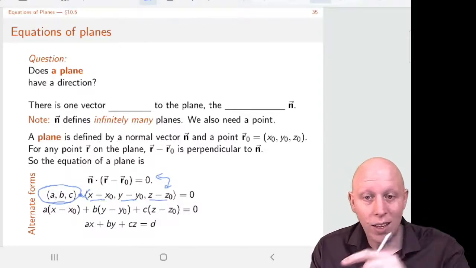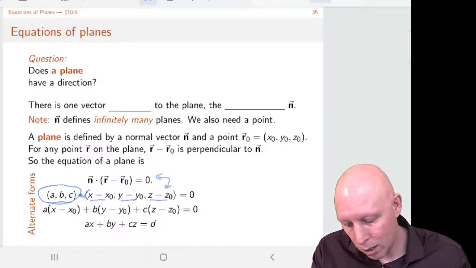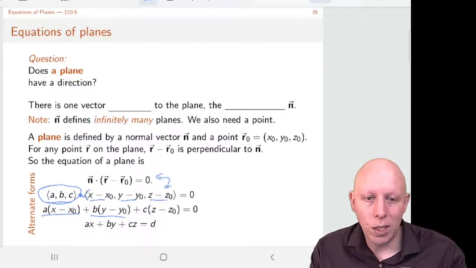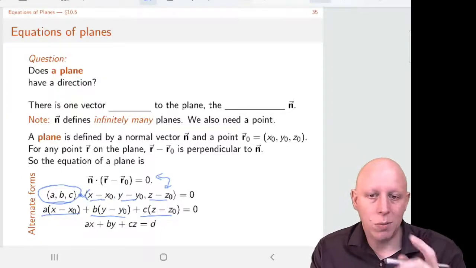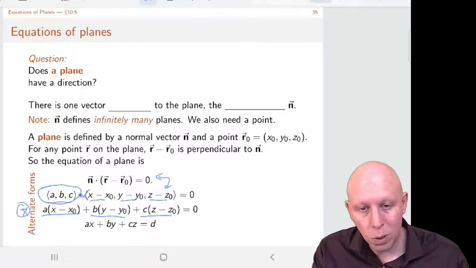If we expand that, if we actually evaluate that dot product, we get a times x minus x naught plus b times y minus y naught plus c times z minus z naught is equal to 0. This is another good form for a plane.